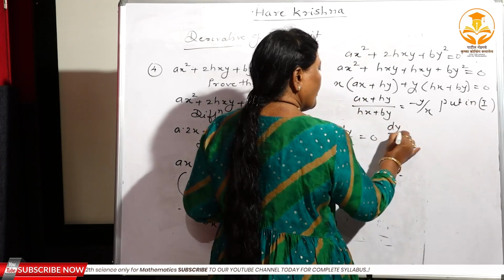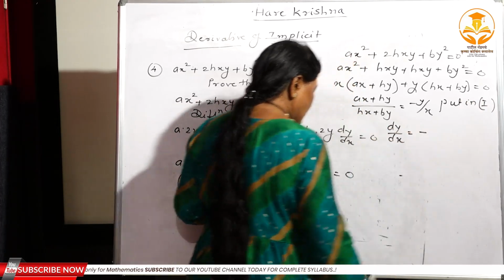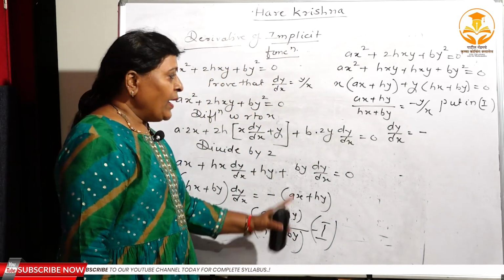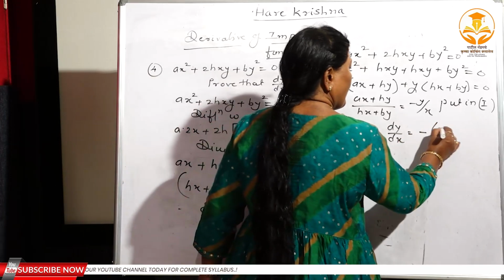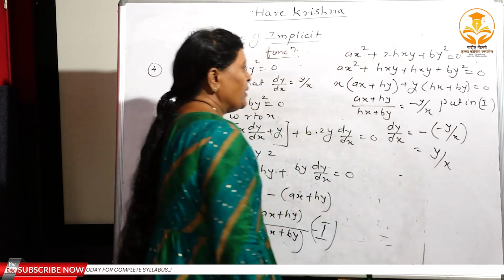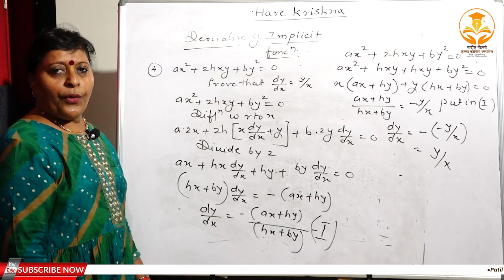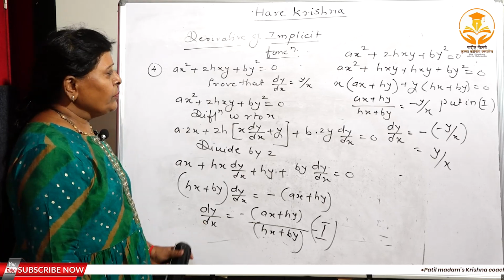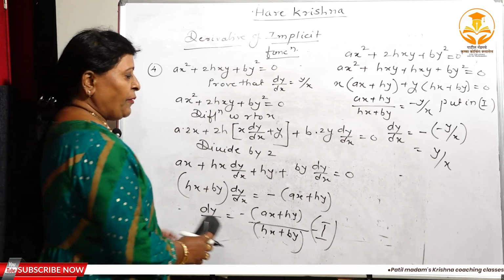Therefore, here you have got dy by dx equal to minus sign remains as it is, ax plus hy divided by hx plus by, equal to minus y by x, and again the minus minus is plus. Here you have got the result. Again, this is a very, very important example, isn't it? Mark it as important, because almost always they ask such a type of example.